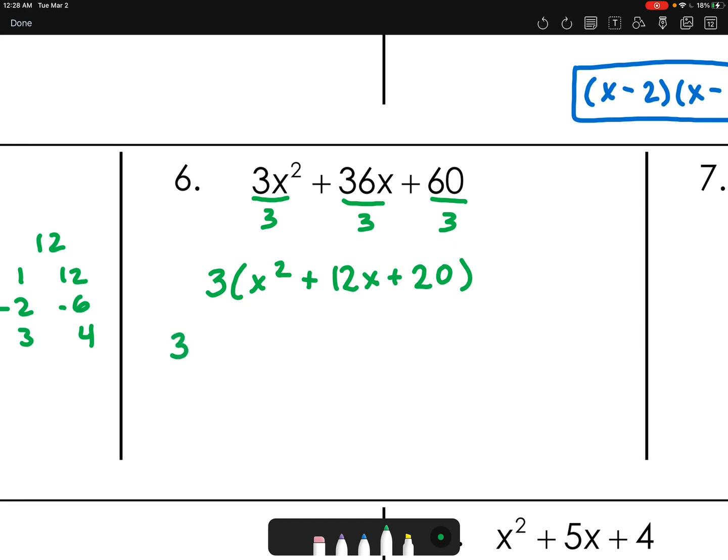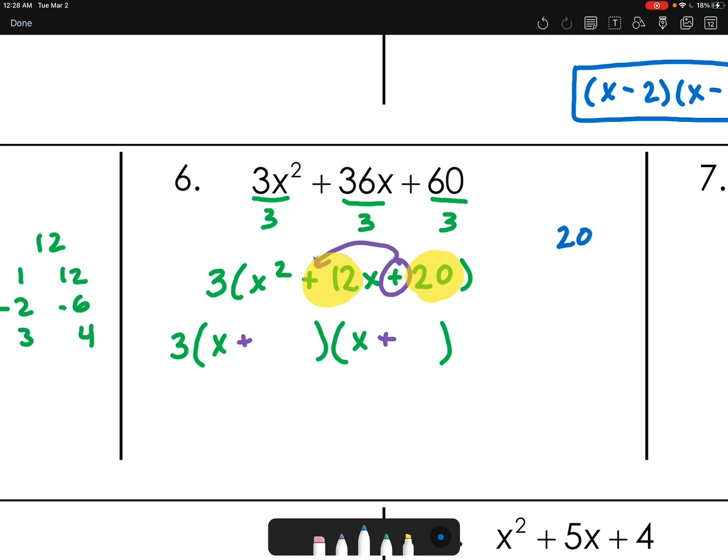Okay, and so I'm going to set up my puzzle again. My 2 sets of parentheses. In the first spot goes x, and this time my signs match, but they match to the middle term, which is positive. Now I'm going to look at my last term, my C, and my B term, and think what's going to multiply to 20 that adds to 12.